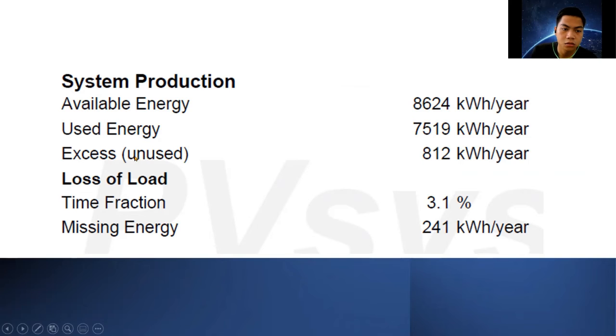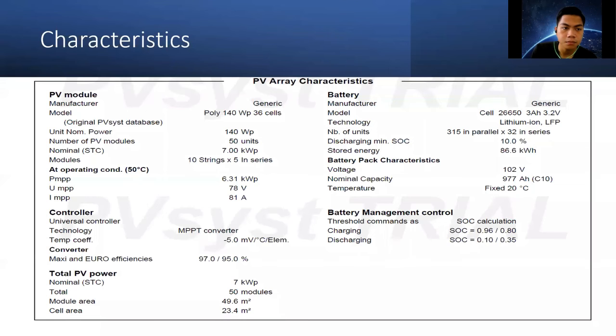So the excess, which is unused, is just 812 kilowatt hours per year. There is also loss of load, where the time fraction is just 3.1%, and the missing energy is 241 kilowatt hours per year.